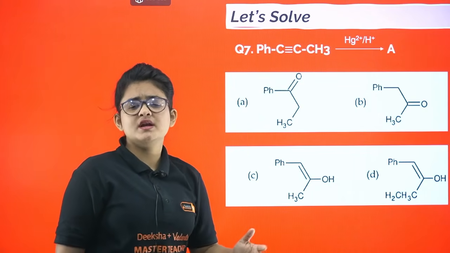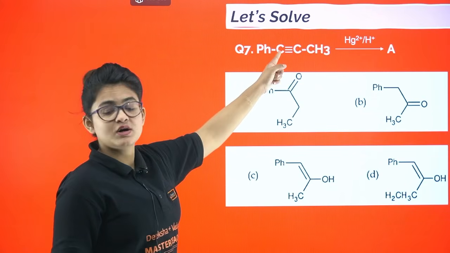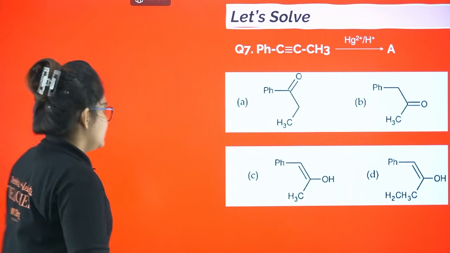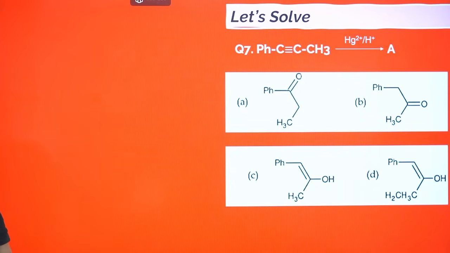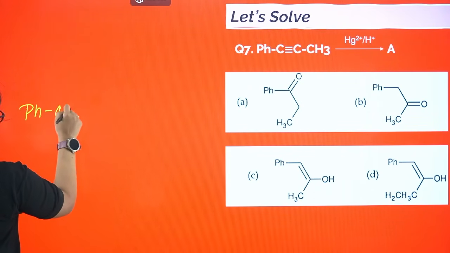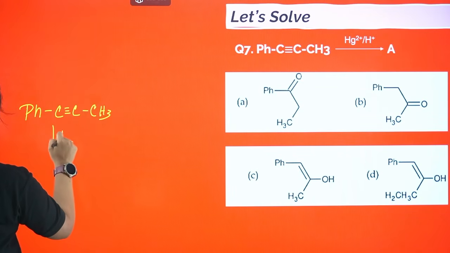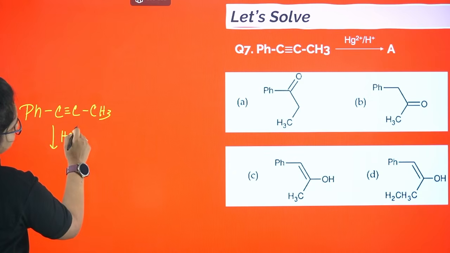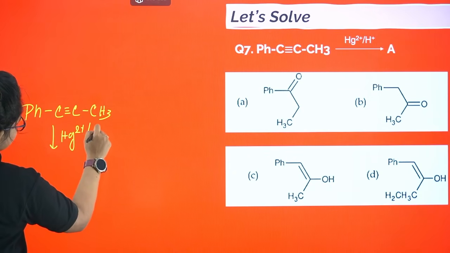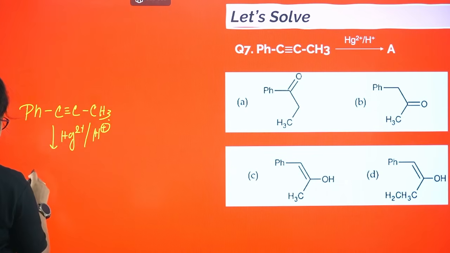If you see the entire mechanism of OMDM, it will be even easier to understand why the OH will be attached here. I am not going for the detailed mechanism here, I am just showing you the answer. The question is PhC triple bond C CH3. Here if I give Hg2+ in H+, so this is basically OMDM. You will end up with this type of system.